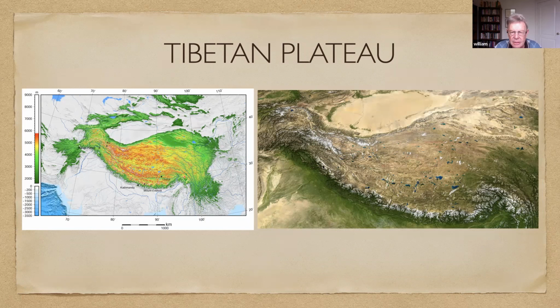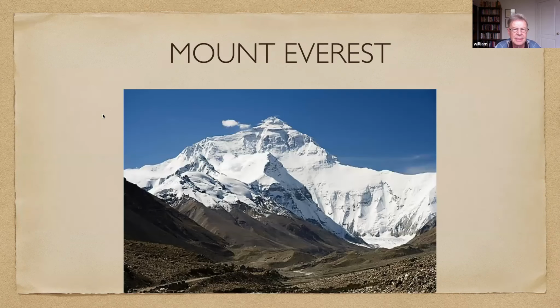And speaking of the Himalayas, on the border of Nepal and Tibet is Mount Everest. Actually, both Nepal and Tibet tend to claim it. So I think the border runs actually just across part of the ridge.